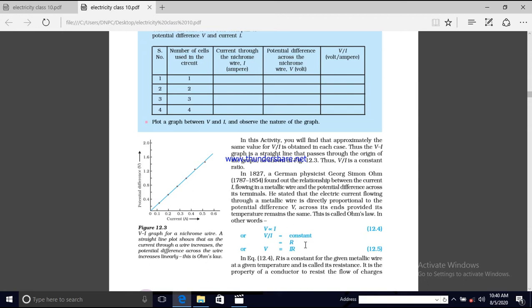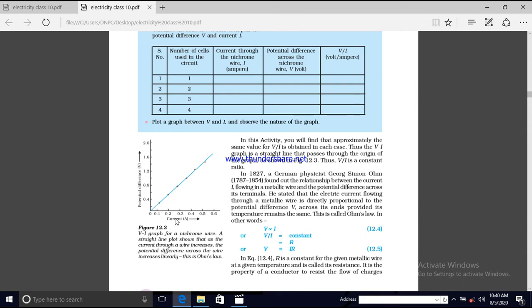of the circuit. We can rewrite this: V over I is a constant, that is the resistance of the circuit. So what we have concluded from this experiment is that as you increase the potential difference, the current in the circuit also increases.